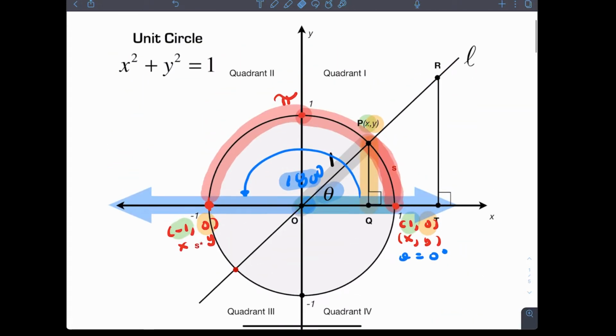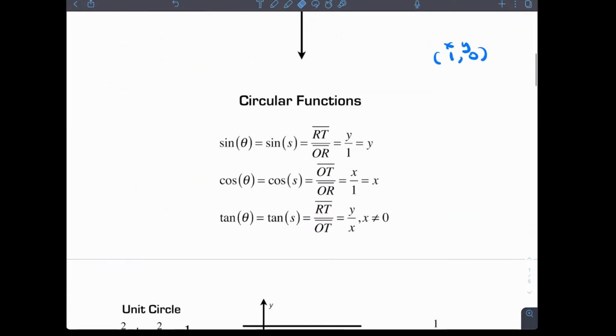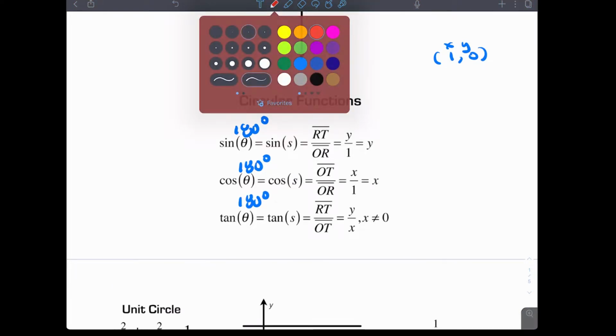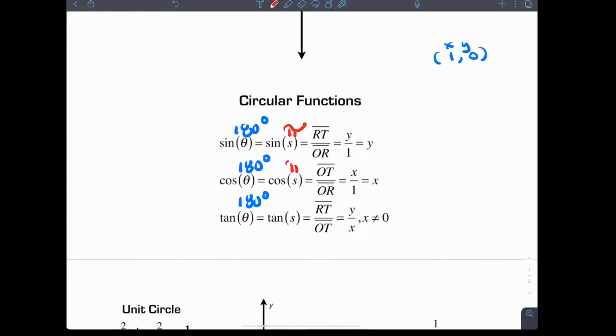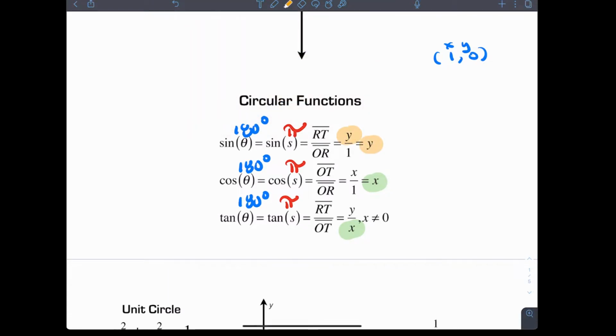And what's the angle now? Right, 180 degrees. So theta is going to be 180. Arc length is pi now. I think X was green and Y was yellow.